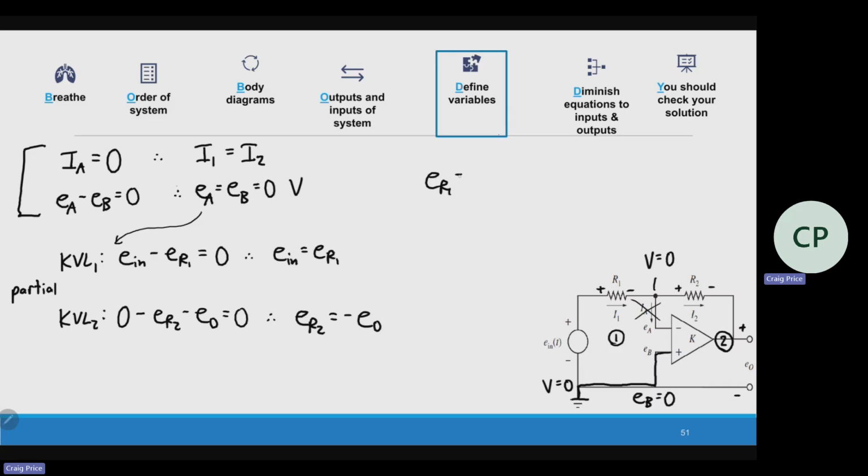ER1 is equal to R1 times I. There's all the same currents. I can just write it as I. ER2 is equal to R2 times that same current. So we can just use the same current for all of them.